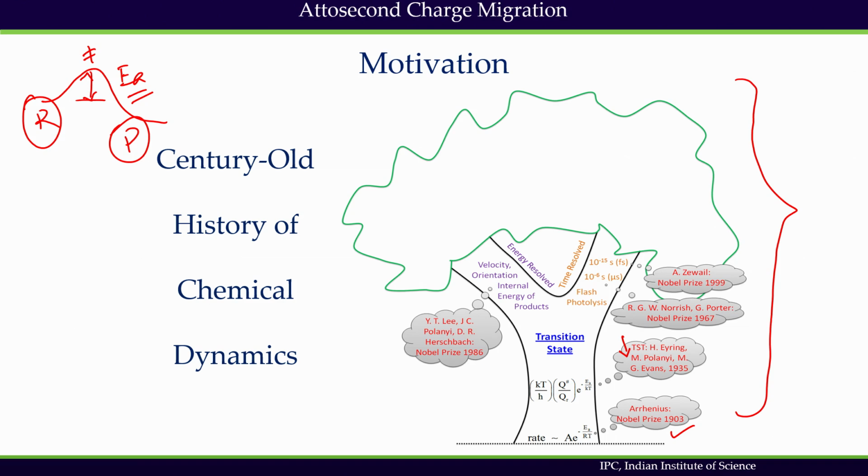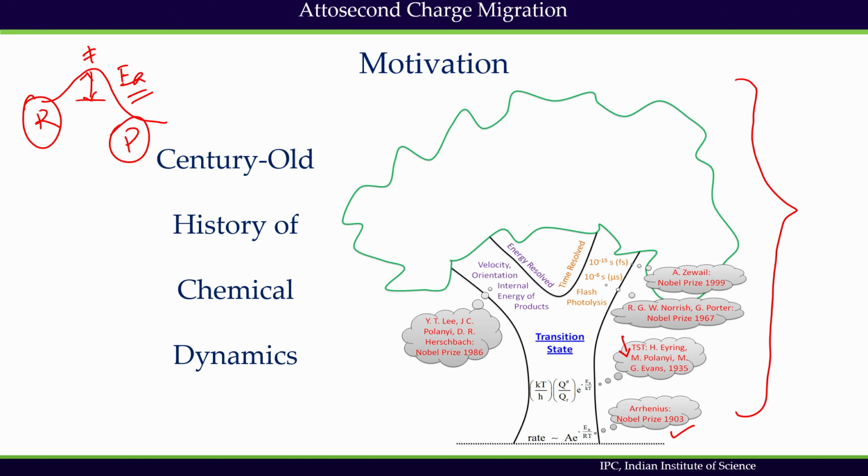If we want to monitor the passage from reactant to the products, what would be the experimentally operated time we need in order to observe this transformation? That is nothing but the vibration, because the transition state suggests that one normal mode of vibration is involved.